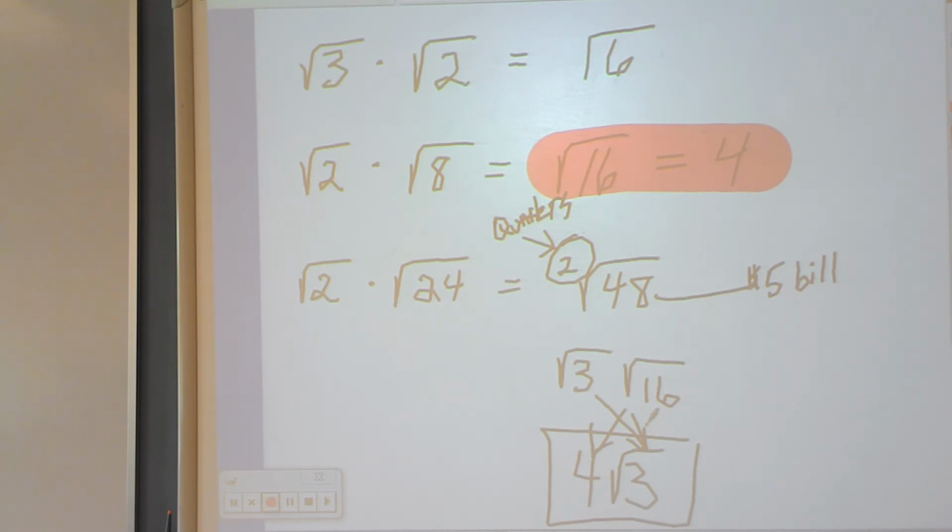Like 3 times 12 is 36, 3 times 15 is 45, and 3 times 16 is 48. You should know those. Now, that's how you multiply. Let's do a couple out of the book.